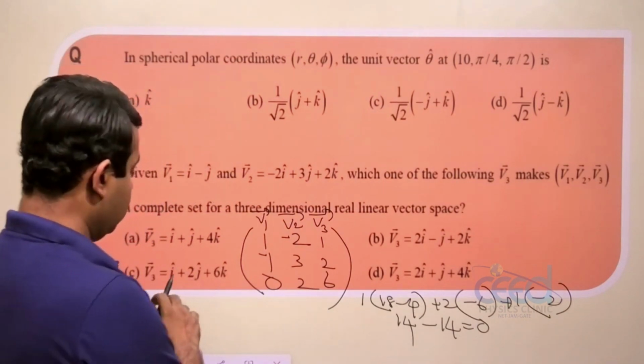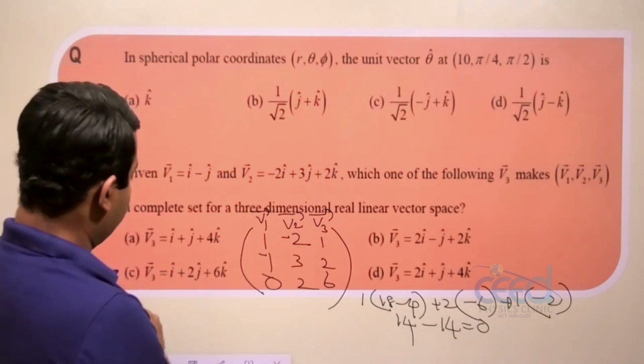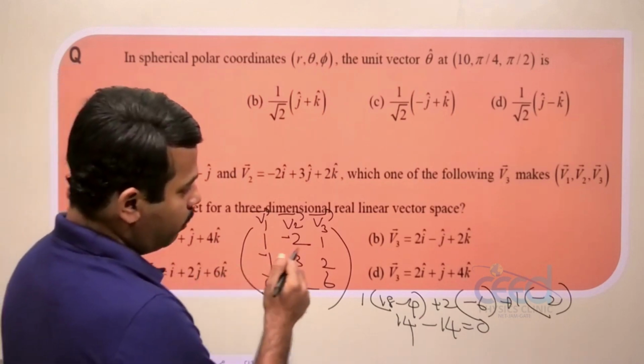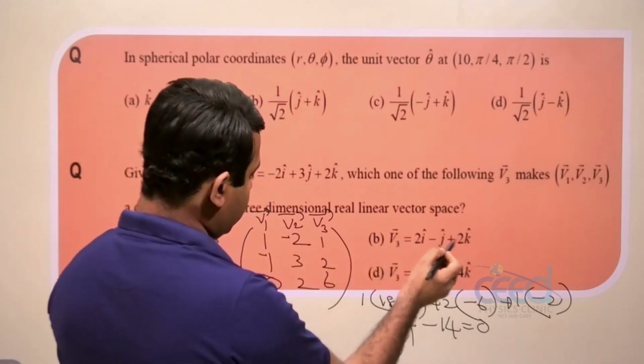Here 1, 2, 6 was given. Now I try another option: 2, minus 1, 2.